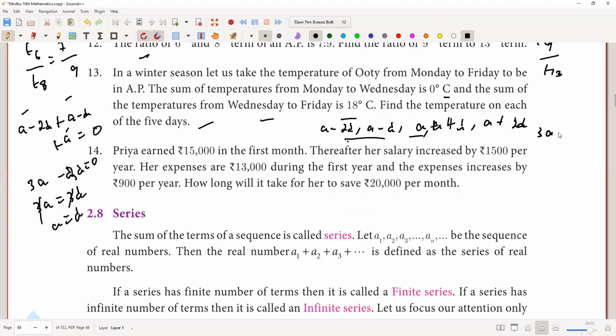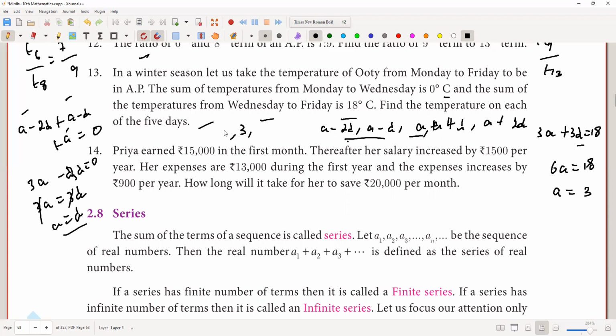So 3A plus 3D equal to 18. We know D equal to A, isn't it? So 3A plus 3A, 6A equal to 18. So A is 3, D is also 3.